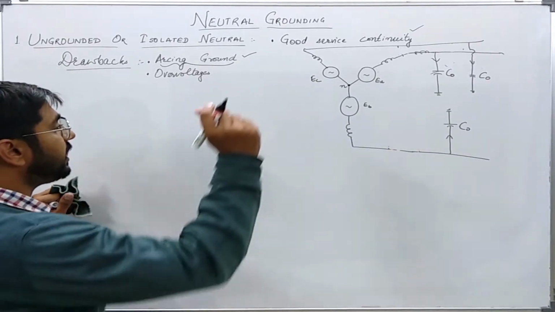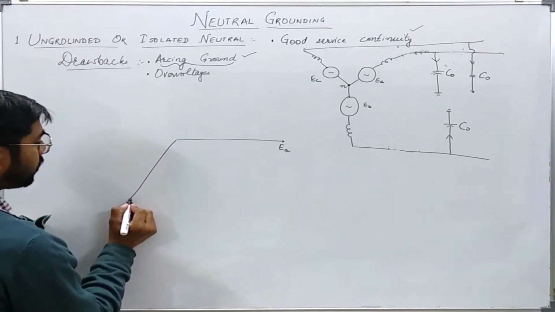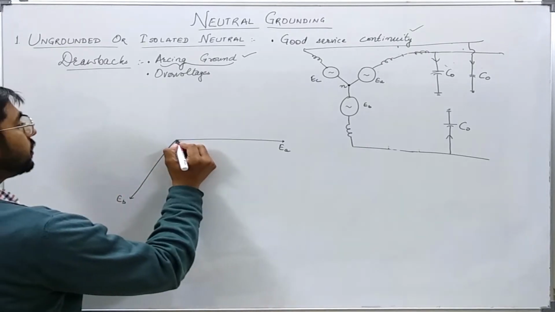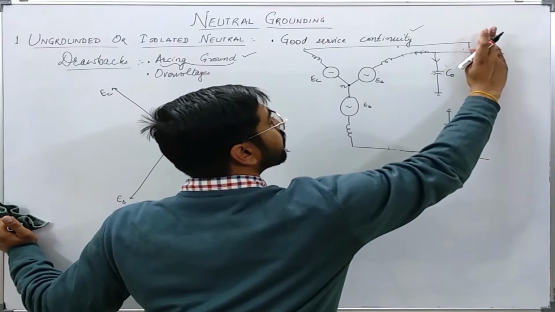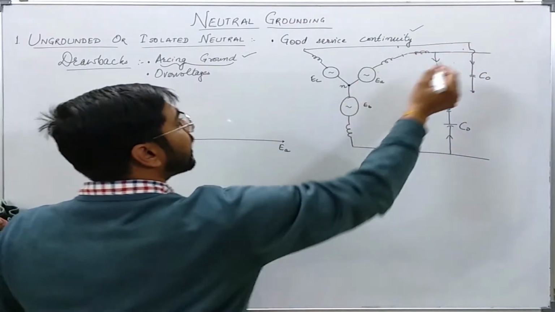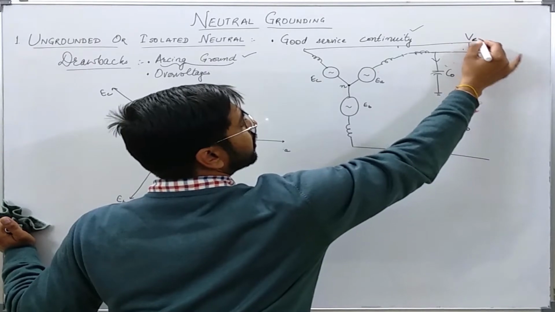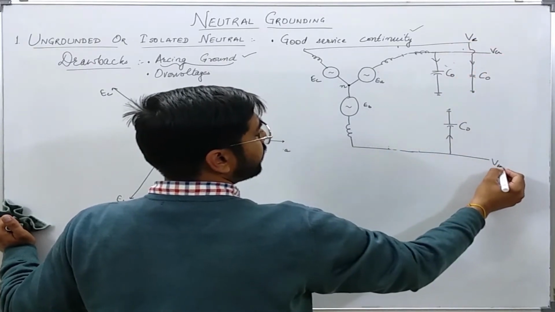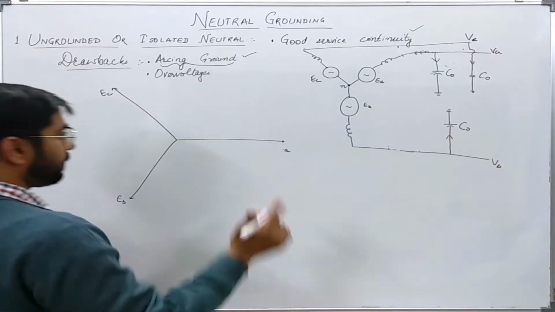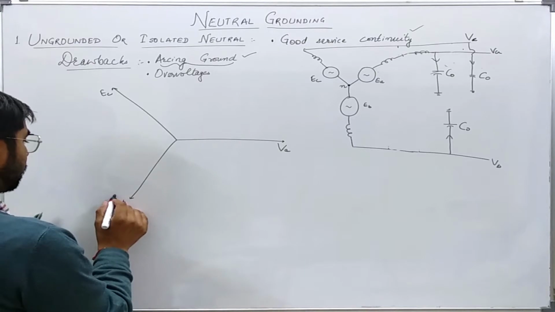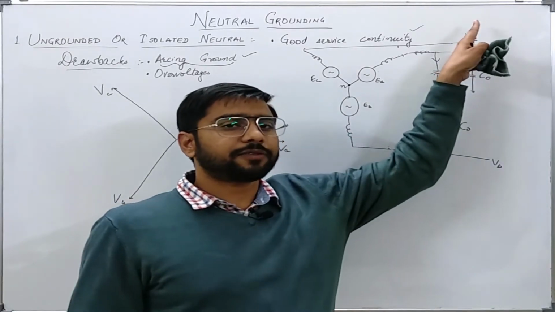Initially, let us say this is EA, this is EB, this is EC, or let me write it as VA, VB, VC, that is, the potential of the point for phase A, phase B and phase C. Normally these potentials are with respect to ground.